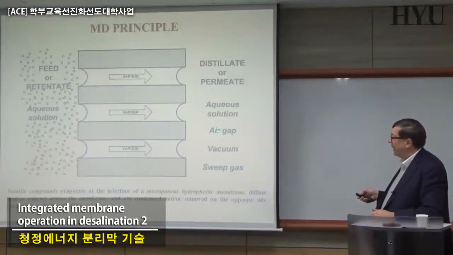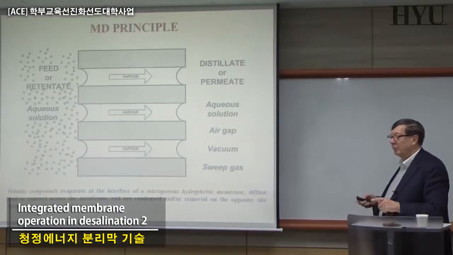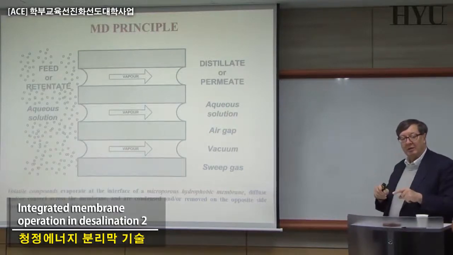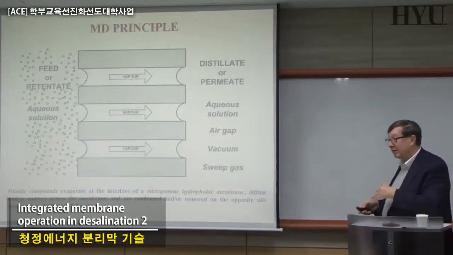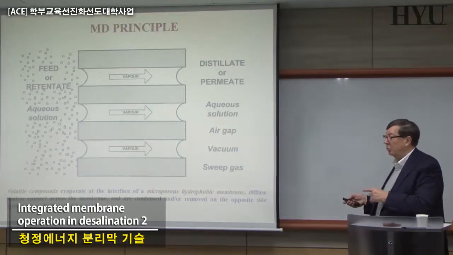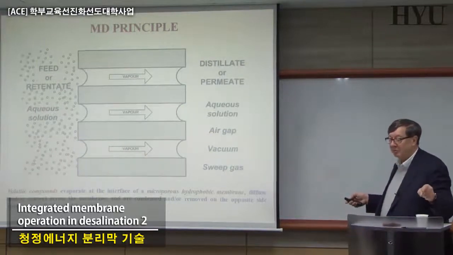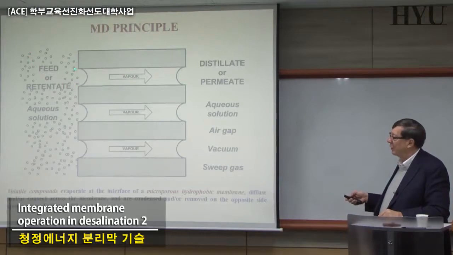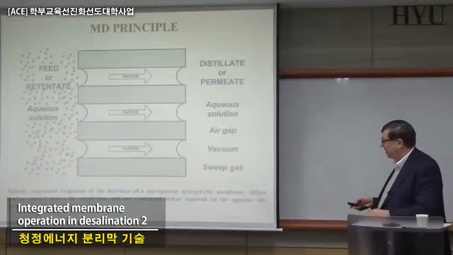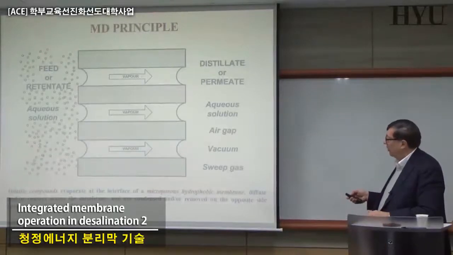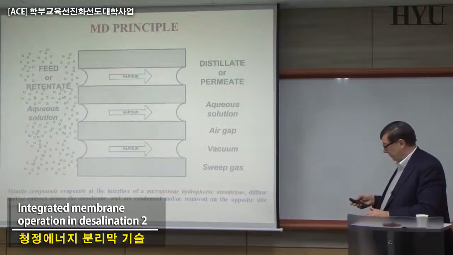You can have an air gap, you can make a vacuum, you can have a sweep gas, and all the different kinds of configuration are related to the necessity to optimize this mass and energy transfer across, to control interfacial phenomena, not in terms of concentration polarization, but in terms of thermal polarization. So you want to have a good control of the temperature on this side and on the other side. This is the basic aspect. As you can see, all these things are largely under investigation today.